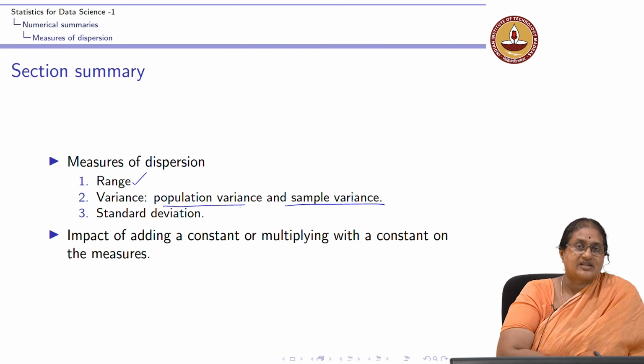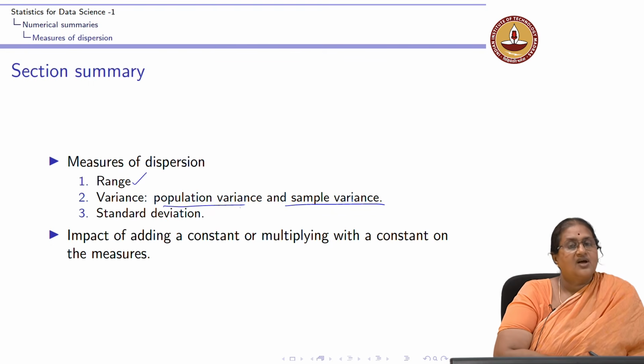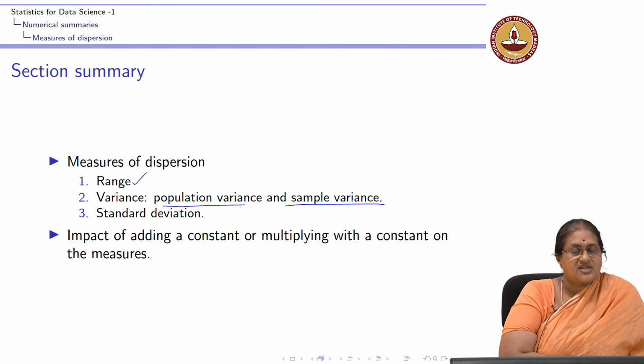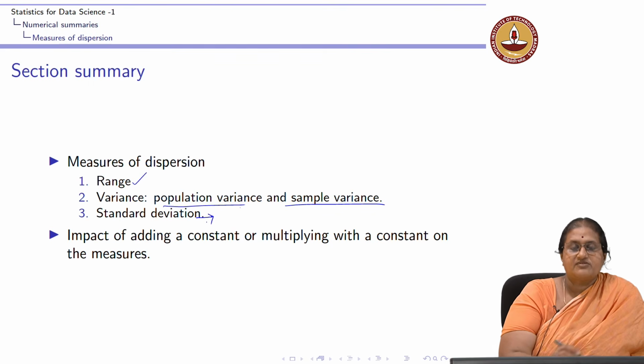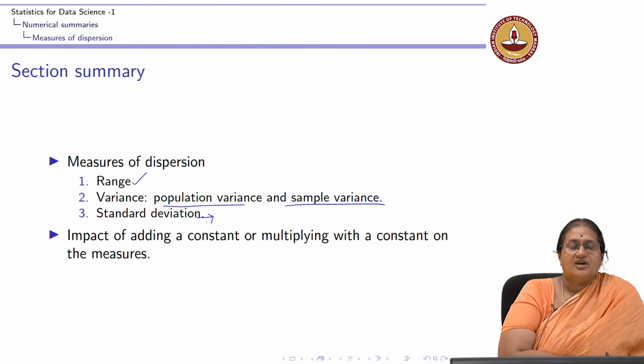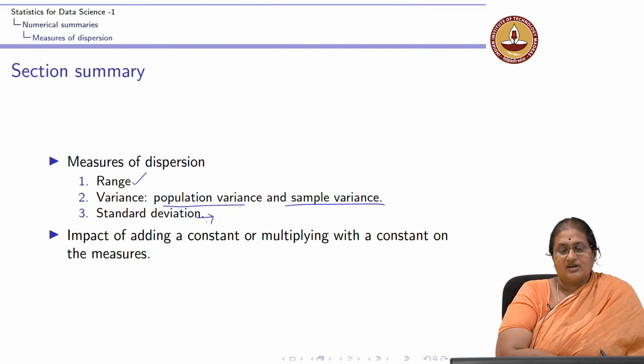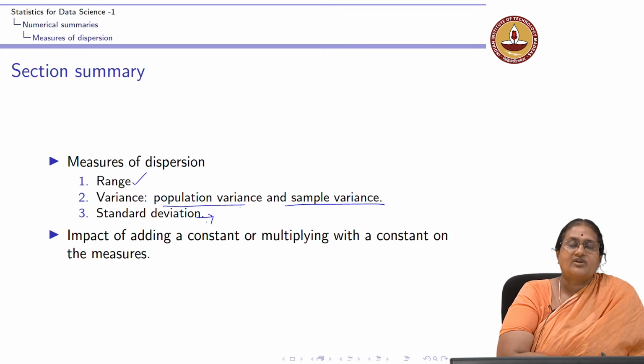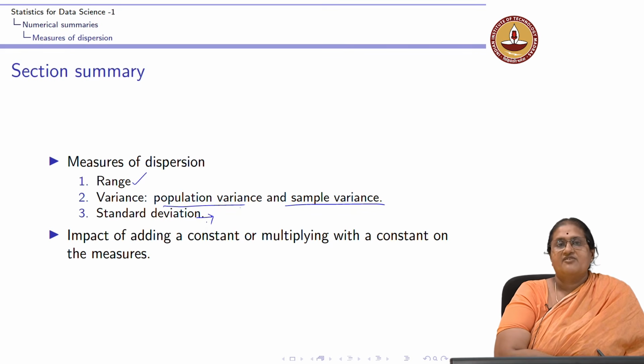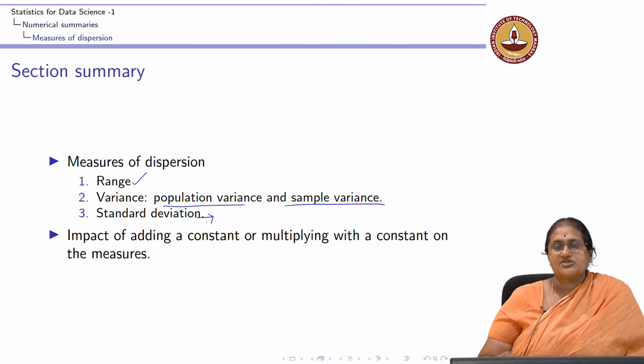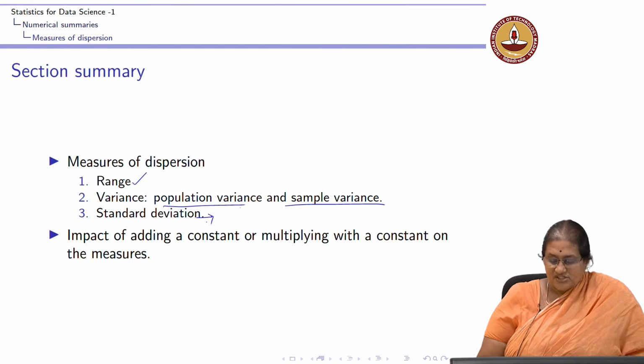The denominator is the number of observations if you are considering population variance, and number of observations minus 1 if you are considering the sample variance. Then we introduced the notion of a standard deviation, which has the same units as the original data. We also saw that when you add a constant, the variability of a data set does not change, whereas when you multiply with a constant, the variability changes.